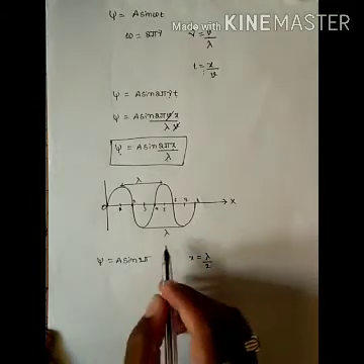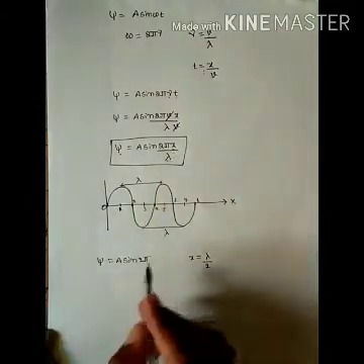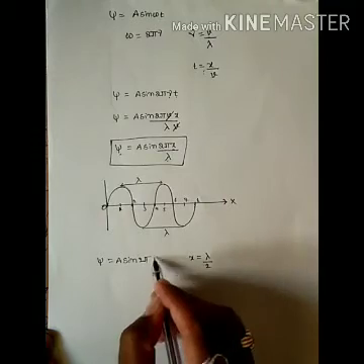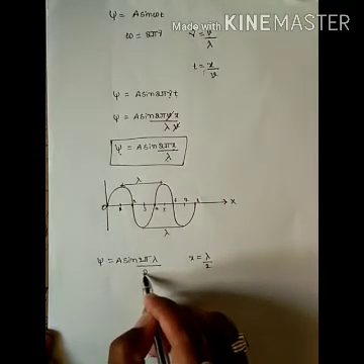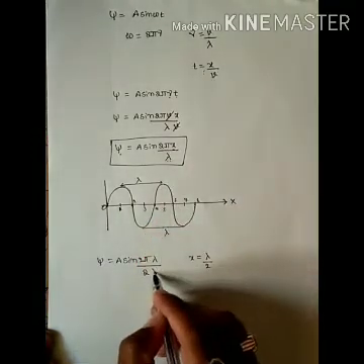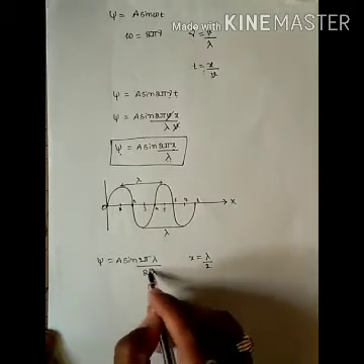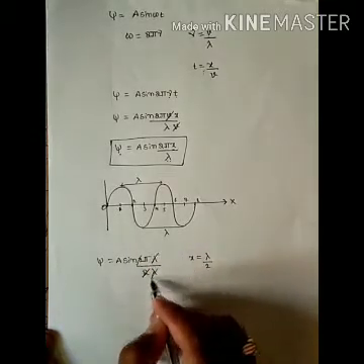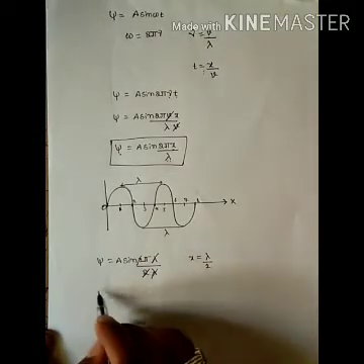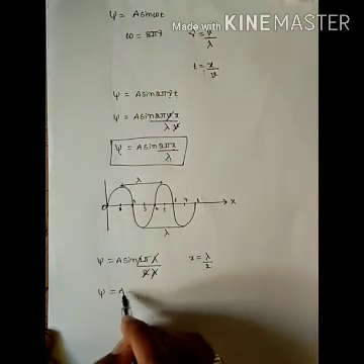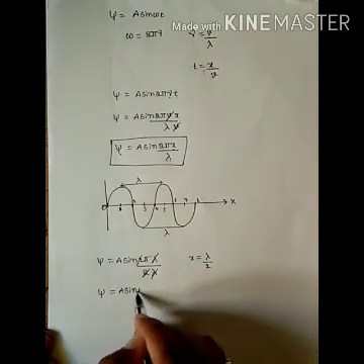We can introduce the same in place of x. So 2 pi times lambda by 2, and the denominator we already have is lambda. The 2 and lambda get cancelled, and now psi is equal to a sine pi.